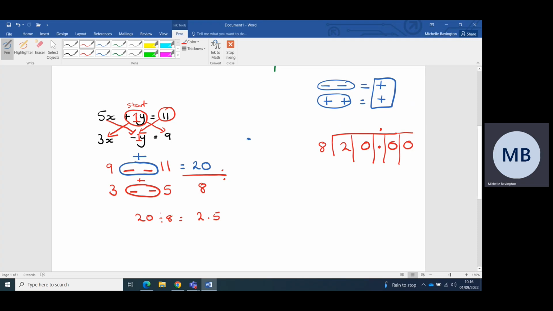Can't do that. 8 people will not fit in 2 shares. So that is 0. So that 2 now goes next door. 8 into 20 goes 2, but that makes 16, not 20. So we're left with 4. So that 4 goes next door. 8 into 40 goes 5, 2.5. Okay, so that's how we do that.